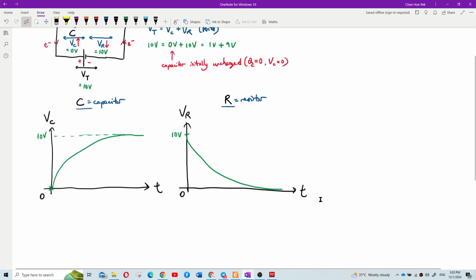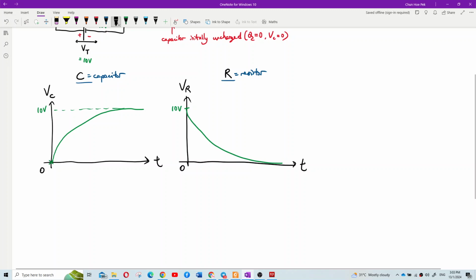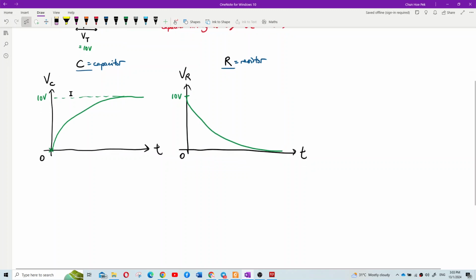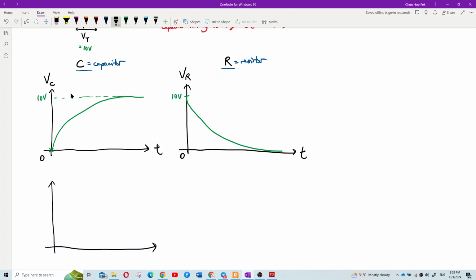And talking about the charge, now I want to talk about the charge in the capacitor. The charge in the capacitor also increases. Initially it's uncharged, 0, and then it increases until it reaches a maximum value.